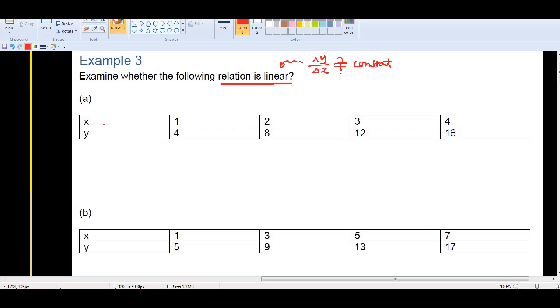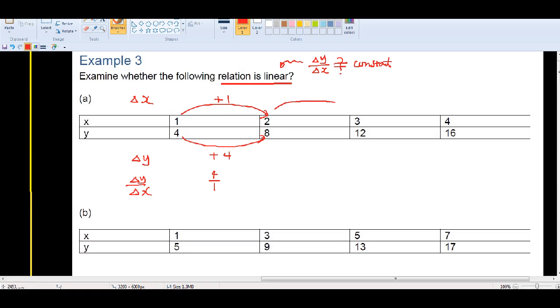For x is 1, 2, 3, 4, and y is 4, 8, 12, 16. From 1 to 2, it is plus 1. From 4 to 8, it is plus 4. The first line is about delta x, changing x, and the second is delta y, changing y. So delta y over delta x here is 4 over 1, so it's just 4.